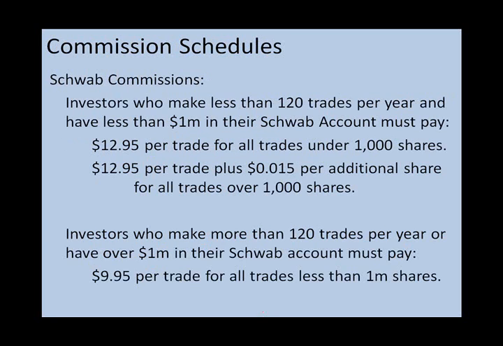All investors who make less than 120 trades per year and have less than $1 million in their Schwab account must pay $13 per trade, for all trades that are under 1,000 shares. If you want to trade more than 1,000 shares, then you pay $13 plus 1.5 cents for each share over the 1,000 shares.